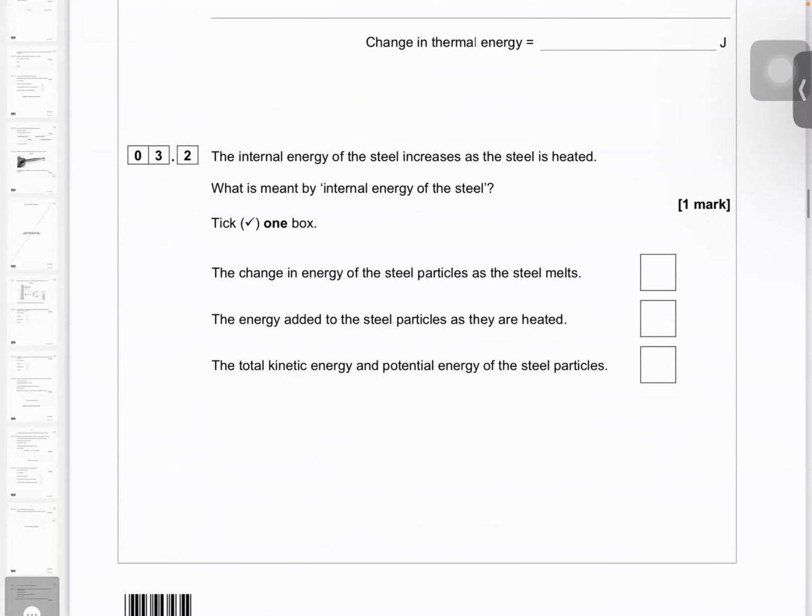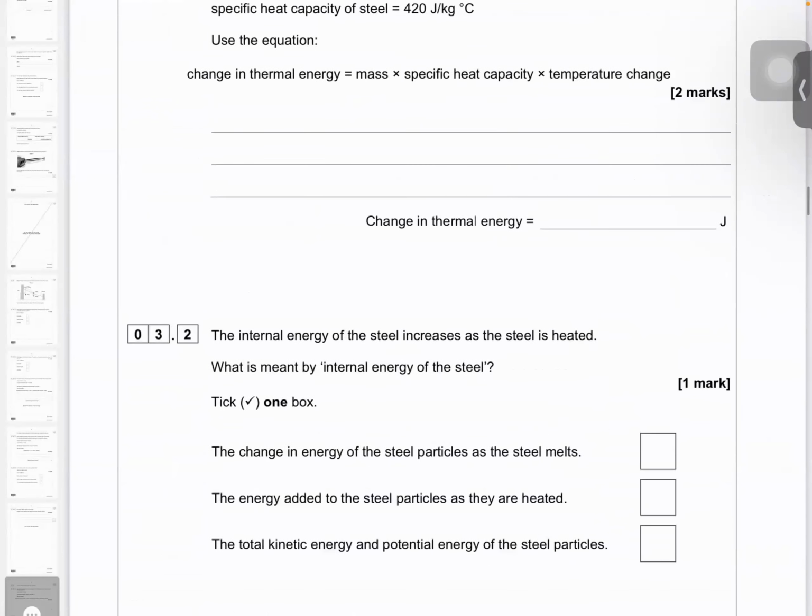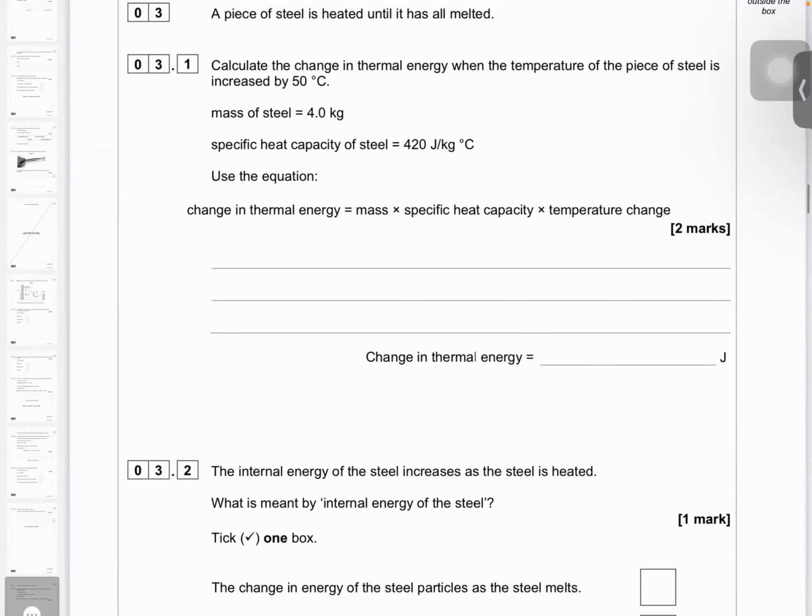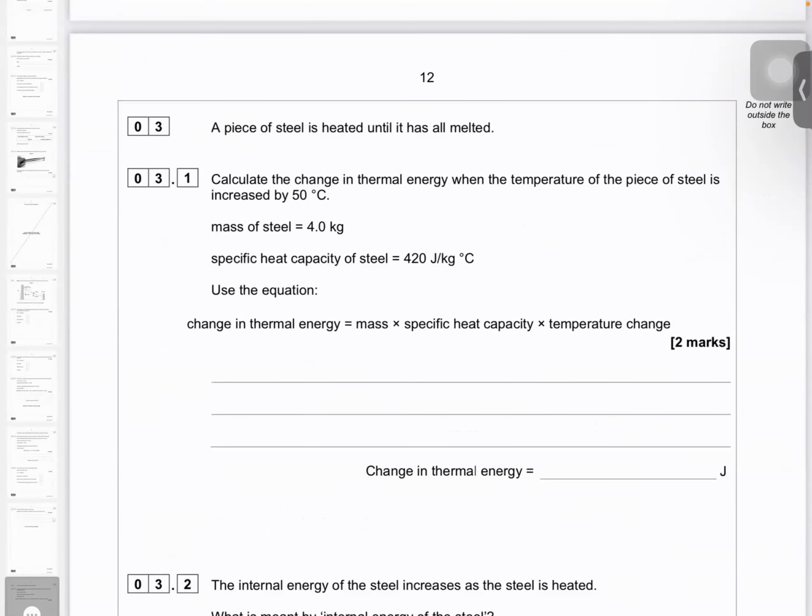Okay. All right. A piece of steel is hit. Okay, you skip that one. That's an experiment. Okay, this one has to do with thermal energy.